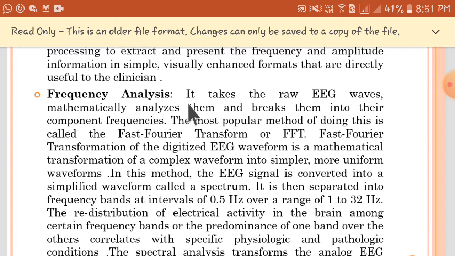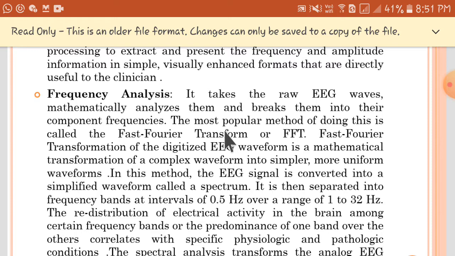The waveform is broken into different frequency components. How can we do that? We can apply the fast Fourier transform, FFT, to the waveform. Applying FFT divides the signal into its basic frequency components.